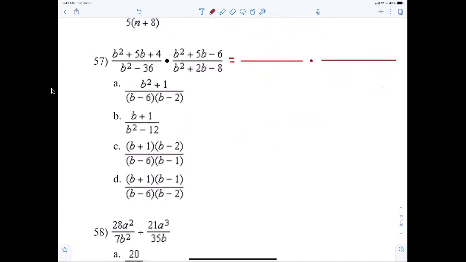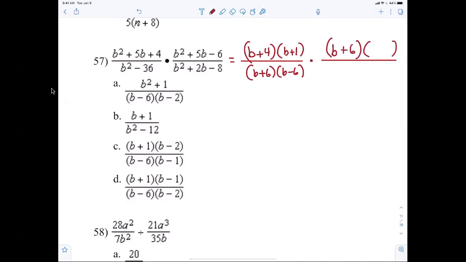All right, here we go. Factoring the top. b plus 4, b plus 1. Thank you. And then b plus 6, b minus 1. Bottom, b minus 6, b plus 6. Good. On the top right, b, 3 and 2. And then I don't think so. b plus 6, b minus 1.